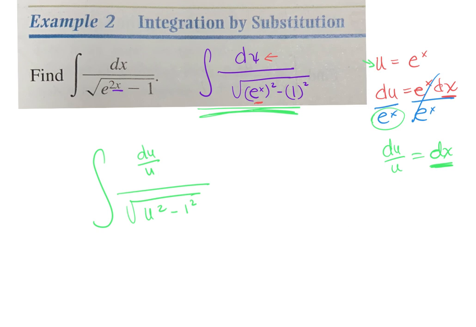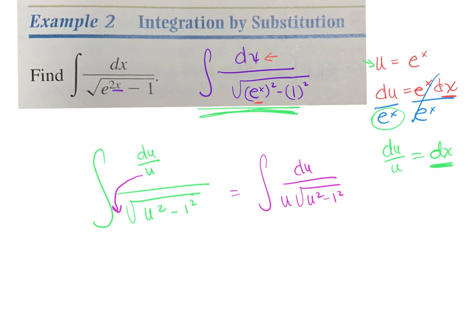Now, if I have a fraction over a fraction, I can actually, this guy can just go in the denominator, right? So that's the same thing as writing du over u square root of u squared minus 1 squared, right? Now that looks exactly like the arcsecant. So go back to your arcsecant. That's identical to your arcsecant, right?